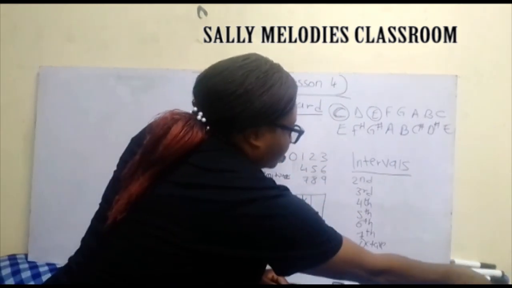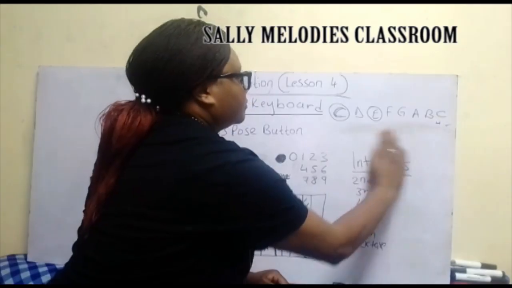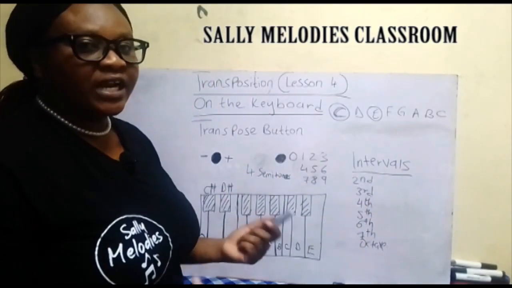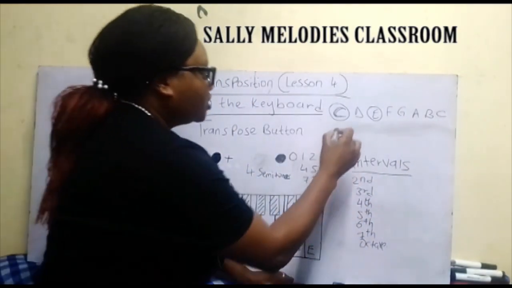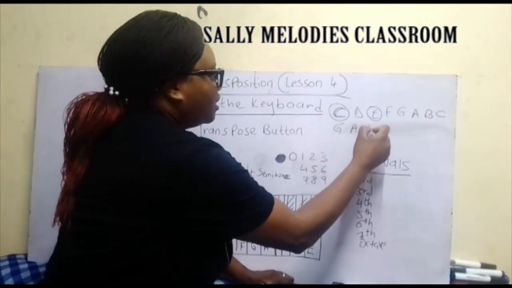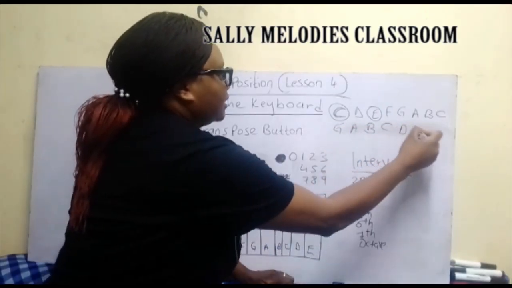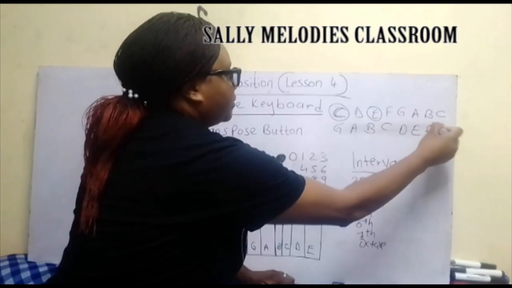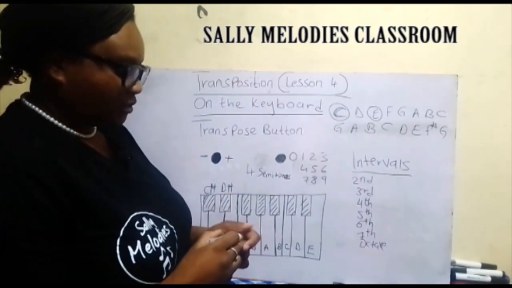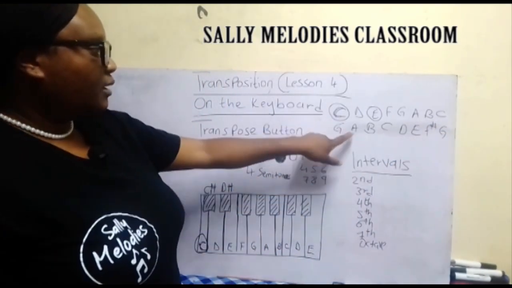We take an example of another scale like G: G, A, B, C, D, E, F sharp, G. You want to play the scale of G, but you have only learned one key.